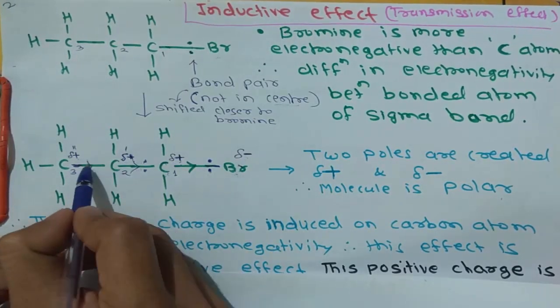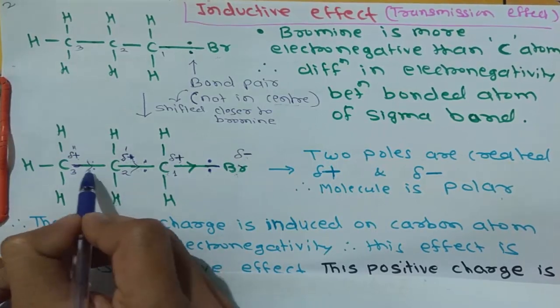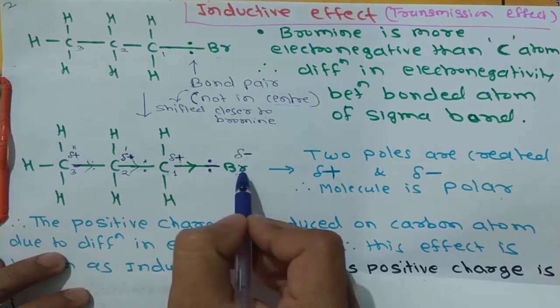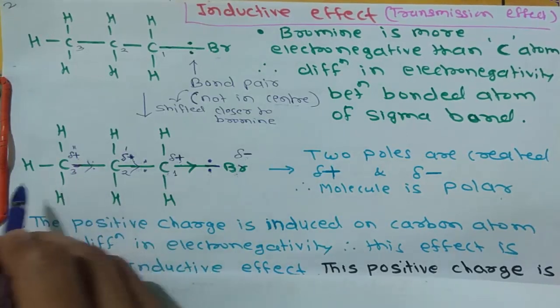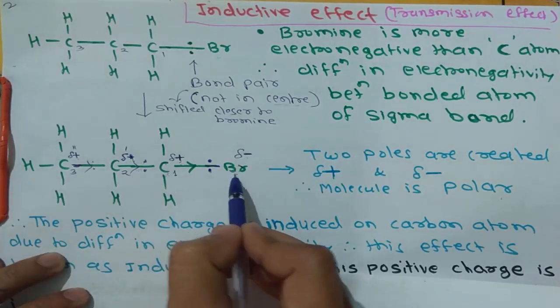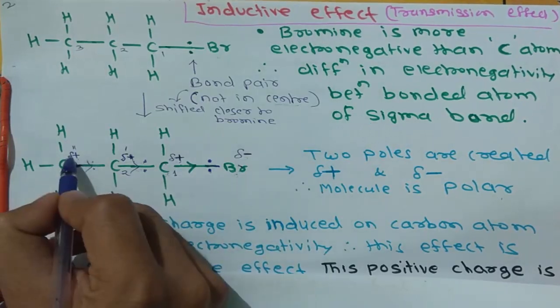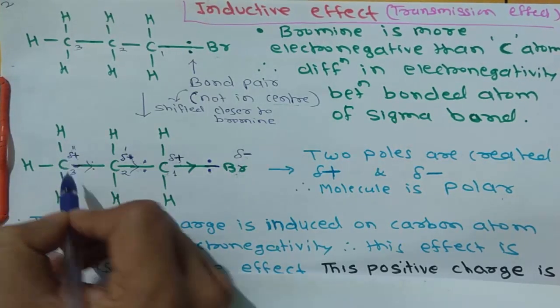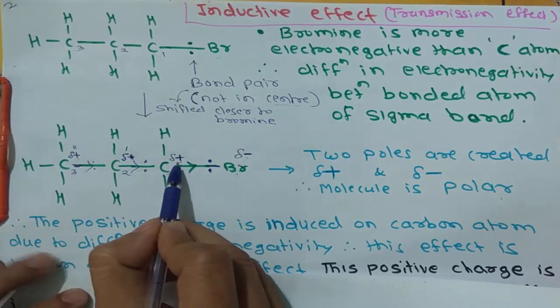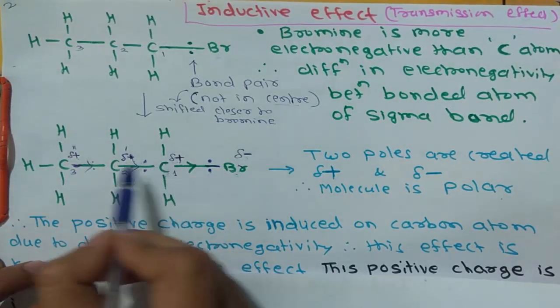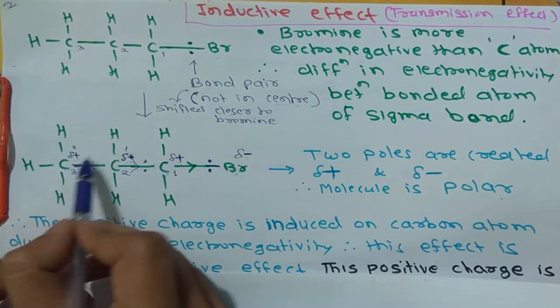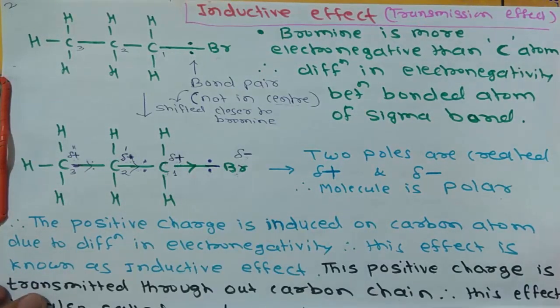Again, this bonded pair of electrons is also shifted closer towards the bromine, so this carbon also acquires the delta double dash positive charge. Means the positive charge is transmitted all over the chain. That's why this effect is also known as transmission effect.